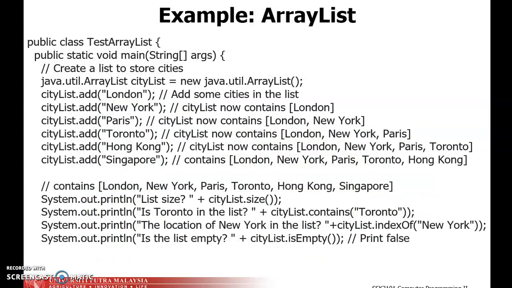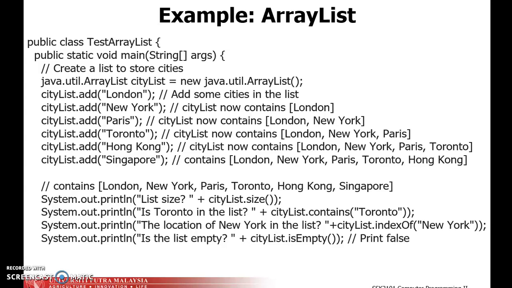Okay, guys, as you can see and observe in these slides, the following example illustrates the implementation of the ArrayList class. If you go through it for a little while, this program can be clearly divided into 5 sections. The first section will define the ArrayList, which creates a list called cityList. And there will be several add operations, or adding elements into the cityList.